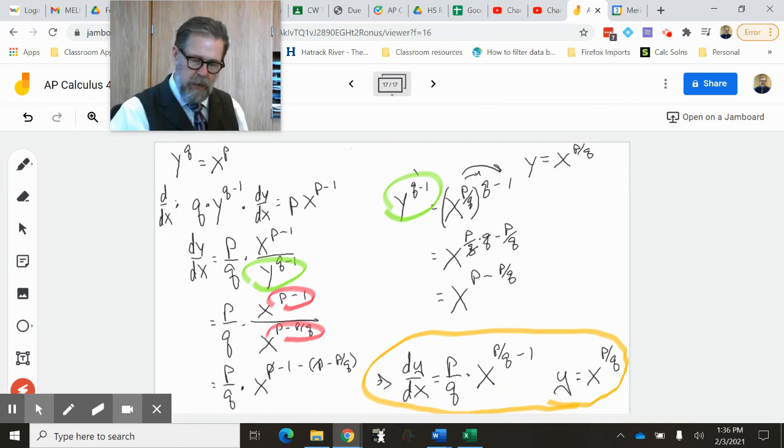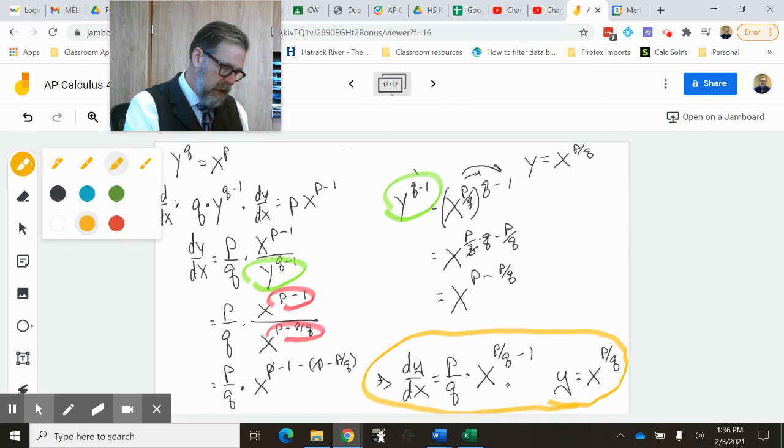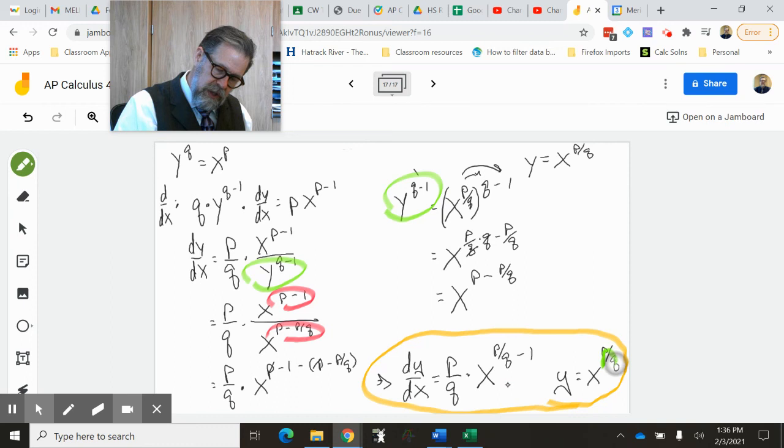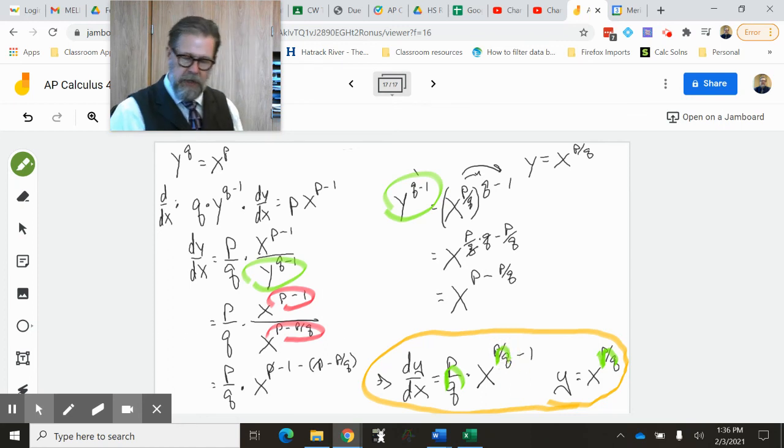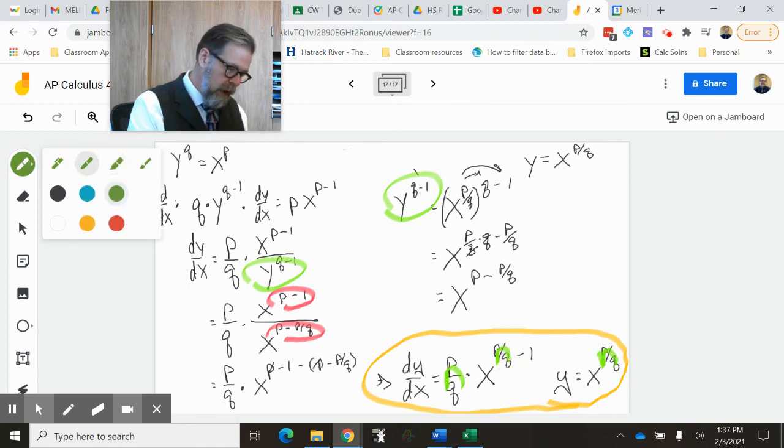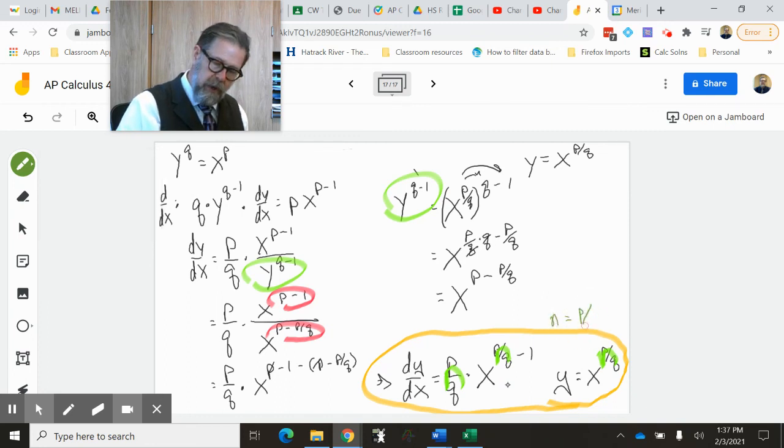And since n was equal to p over q, it would be fair to say that this is x to the n, and the derivative is n times x to the n minus 1, given where we started, which is that n is equal to p over q.